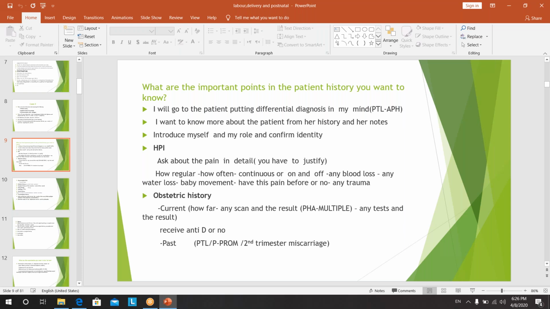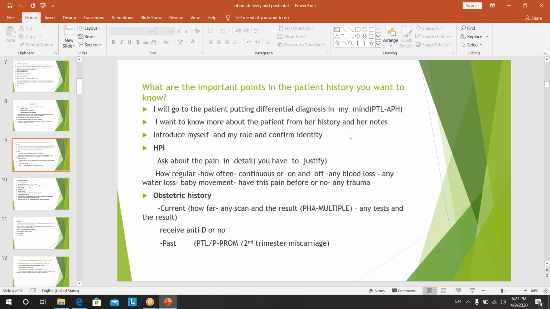So this patient may have preterm labor, or she may have antepartum hemorrhage. According to this differential, I wanted to know more about this patient from her history and from her notes.